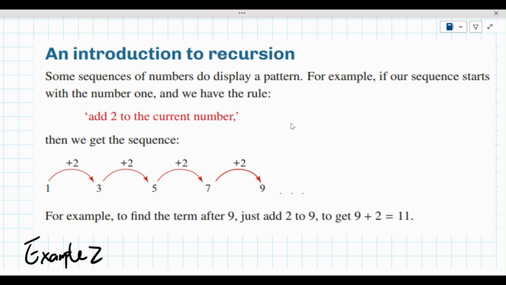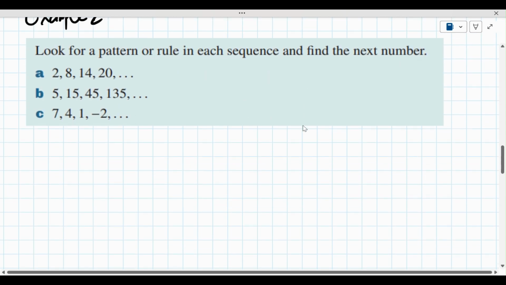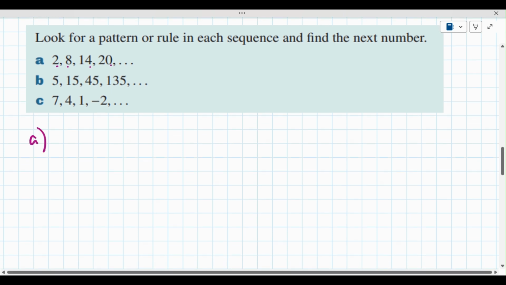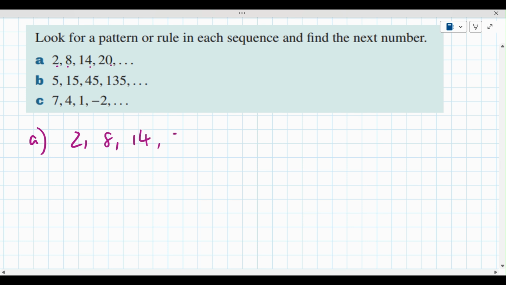For example, take this sequence: 2, 8, 14, 20, and so on. We can say we're adding 6 to each number.